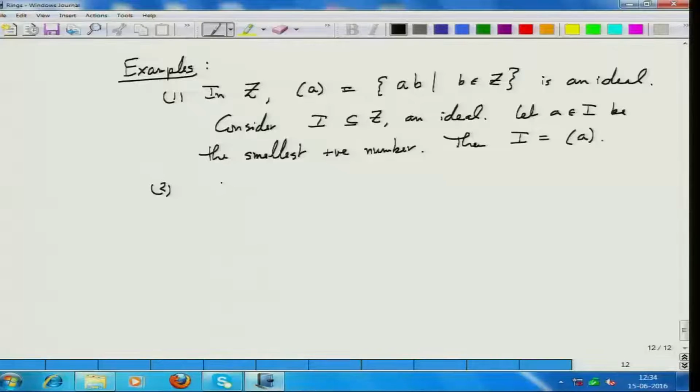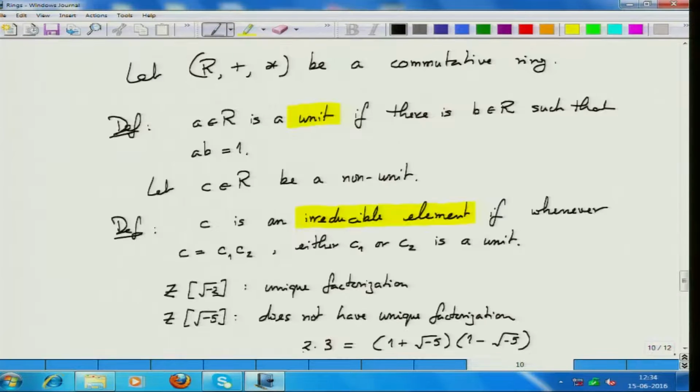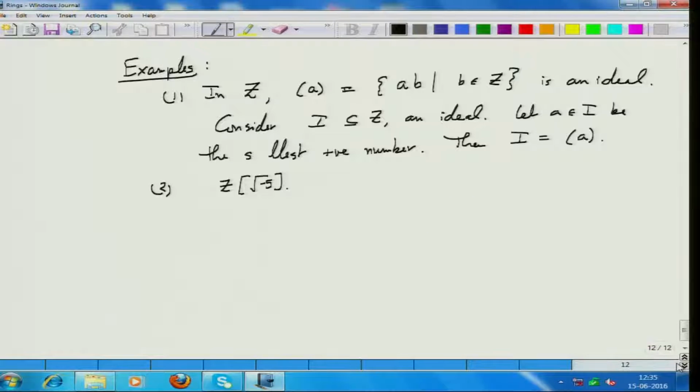Let's go to a more interesting case. How about Z square root of minus 5? Let's look at these numbers: 1 plus square root of minus 5, 1 minus square root of minus 5. Let me consider the following. Let us define an ideal I to be the following.